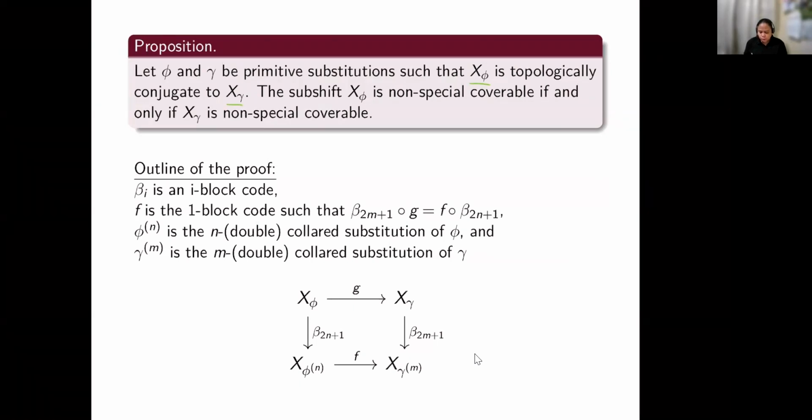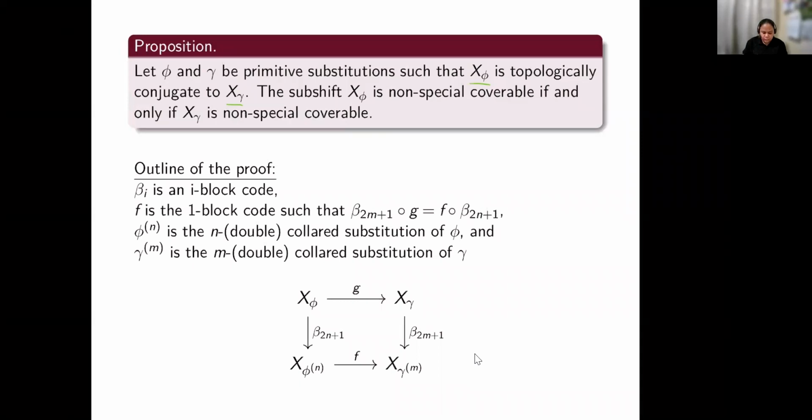So I'd like to define the substitutions that we used. So the B sub i's here are the ith higher block code. We considered one higher block code earlier when we looked at the coverability of the Fibonacci substitution.